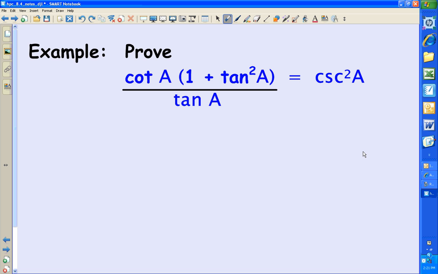Again, there's a lot of options on how to handle this. When you're dividing by the tangent of A, you may want to switch cotangent and tangent to sines and cosines. That might be helpful. So if we switch cotangent, what does that become?